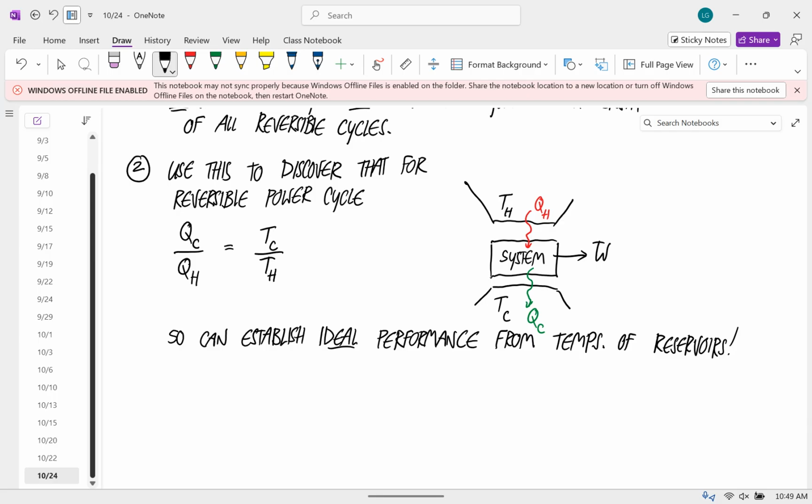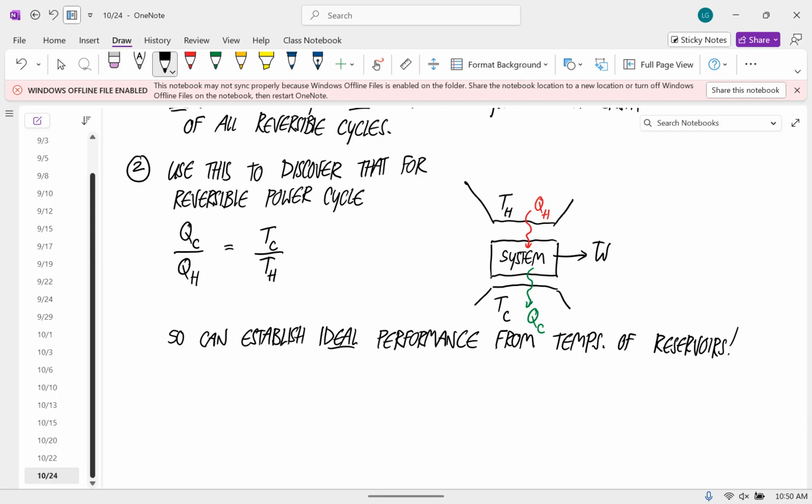So when I say ideal performance, what I mean is the performance that you would get in a reversible, perfect cycle that wastes no energy. You can figure out what that would be.